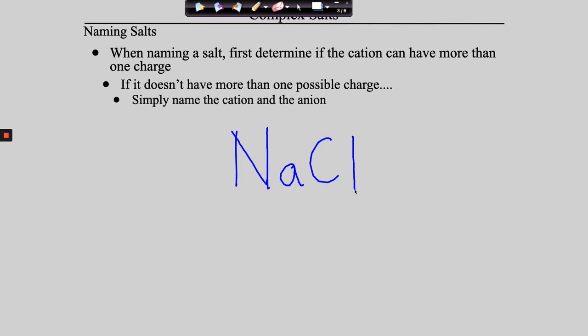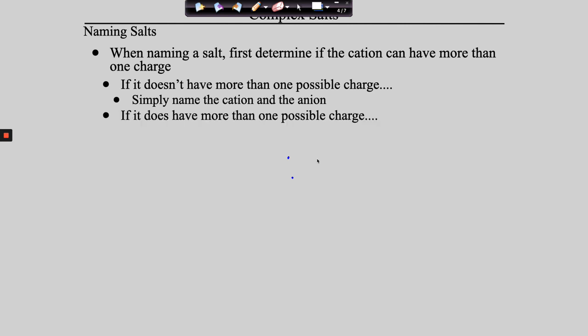Okay. Now, what if we look and we find that it can have more than one charge? So guys, if it can have more than one possible charge, you get to do some second grade math.